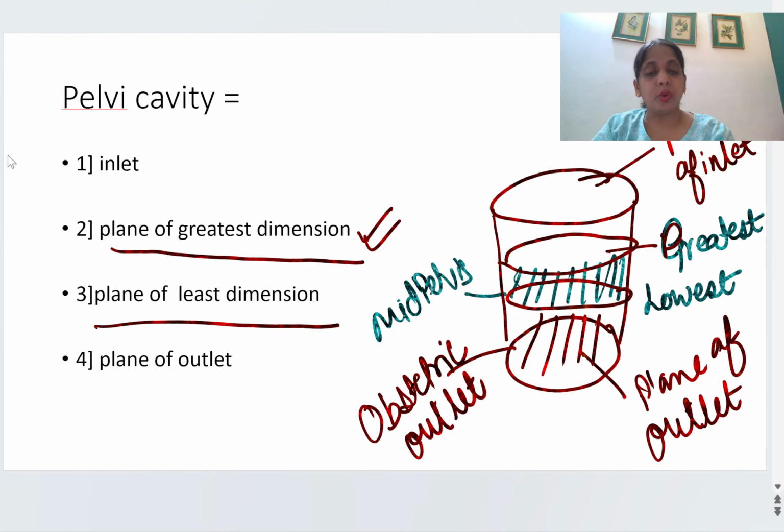Now you know both differences: the difference between the anatomical conjugate and the obstetric conjugate, and also the difference between the anatomical outlet and the obstetric outlet. Now you should remember one thing: conjugate means inlet diameters. Okay, so let's go to the next part.